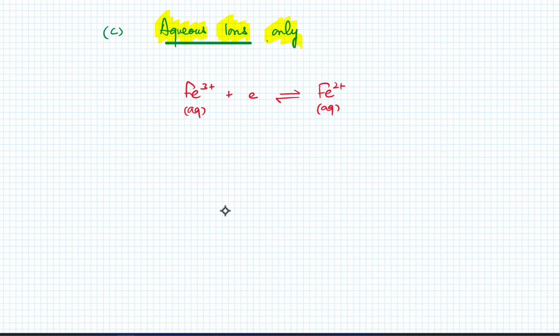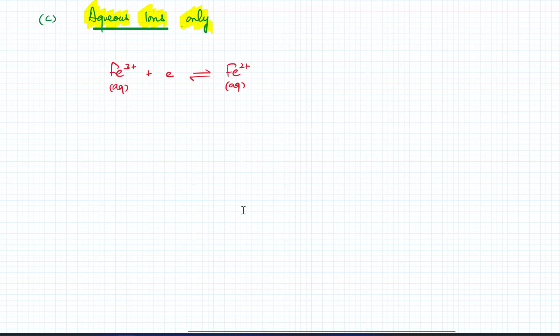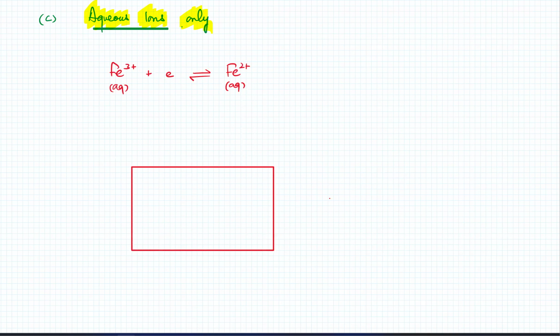So how would you figure out whether it likes to go in the forward direction, it likes to gain electrons, or does it like to lose electrons? If it's only aqueous ions, that's an easy one. What you're going to do is you'll have a solution, and you're going to dump all those ions into the solution, Fe3+ as well as Fe2+.